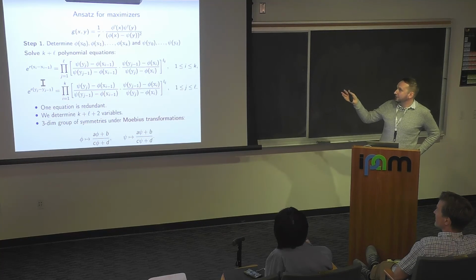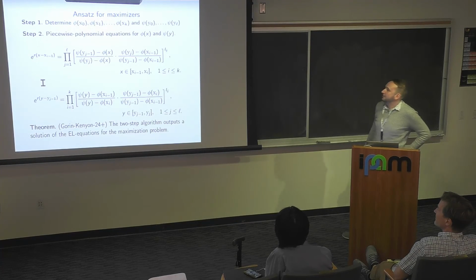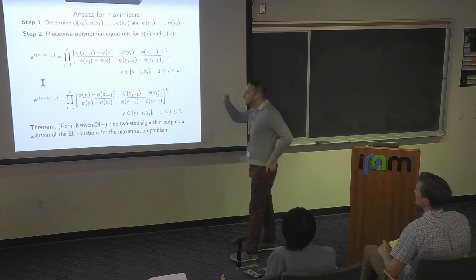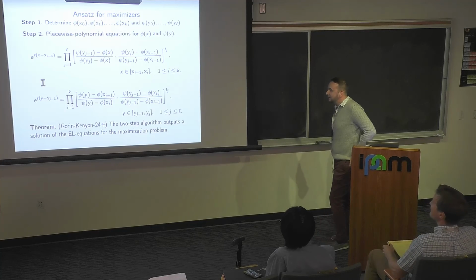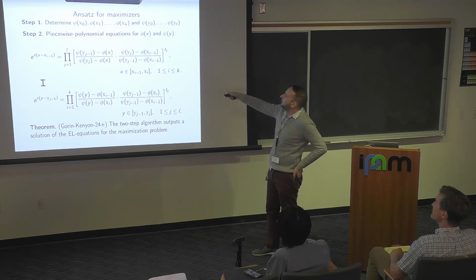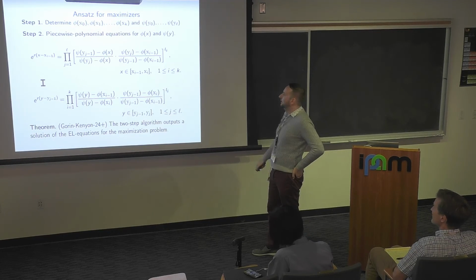Okay, so once you have found the solution to this discretization of your equation, now you're in good shape, because now you do the second step, where you solve another set of algebraic equations, where exactly the same cross ratios enter, but now one of the variables is not an endpoint, but some middle point.